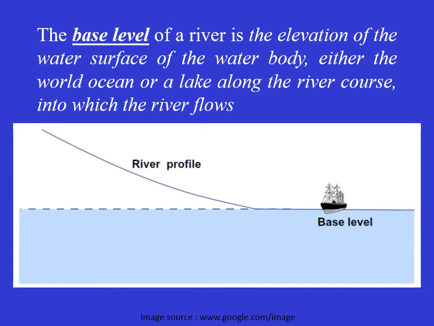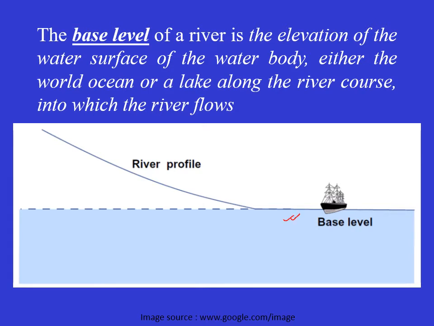In our daily practice we know the permanent water body is mean sea level, so almost all rivers meet with the sea. So the top surface of the sea, that is the mean sea level, is the level up to which a river can erode. That level is known as base level. That is the level up to which a river can erode. And below base level, depositions start.